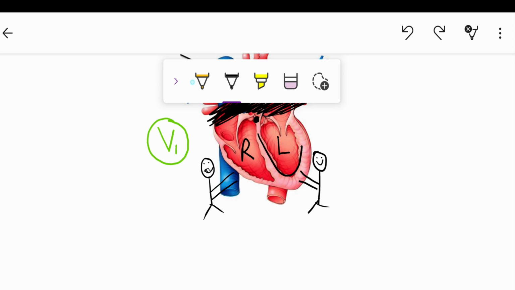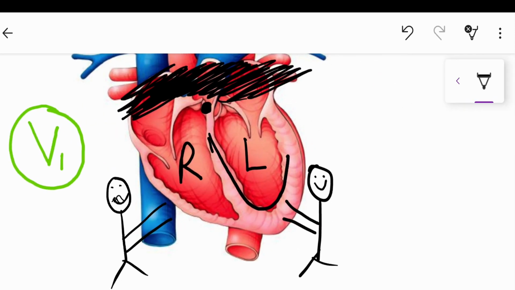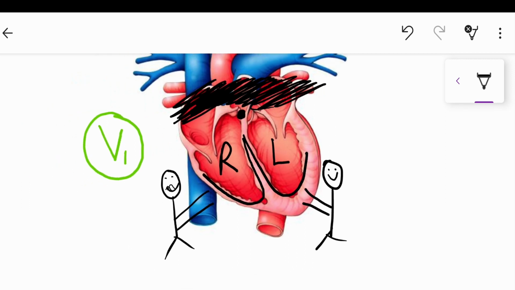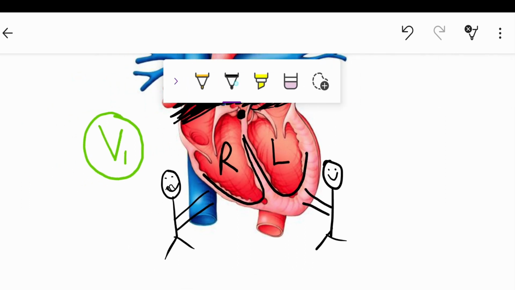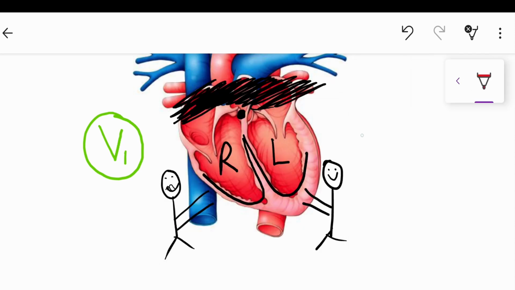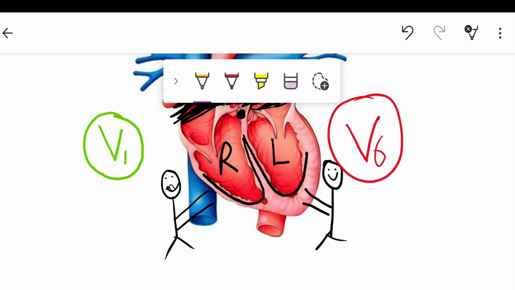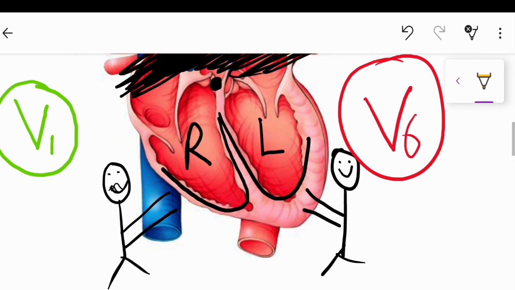Let's get our bundle back. All right, now remember how I said the septal depolarization, sorry, let me just get my V6 back. Okay, now remember when I said septal depolarization moves from left to right.